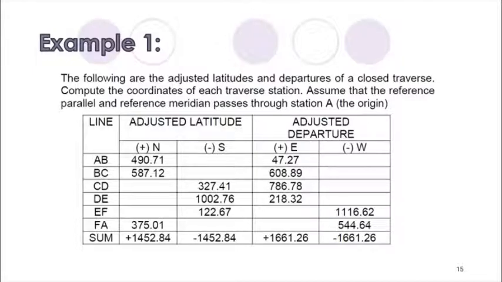So we will compute that. The assumption here is that station A is at the origin. We are solving for northings and eastings. We'll solve first for the northings.